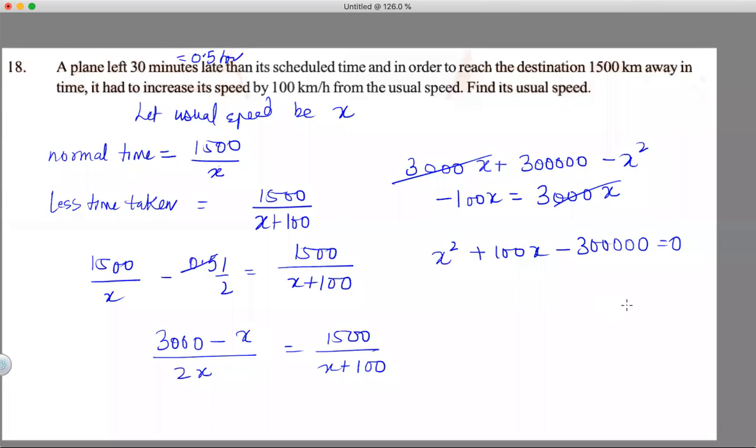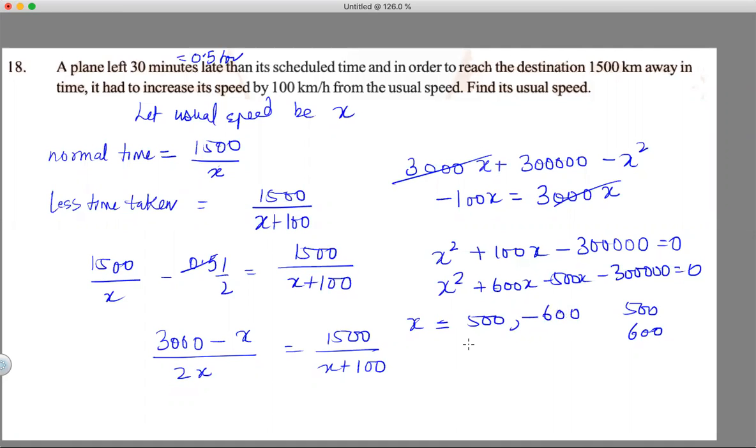So वो हो गए हमारे क्या 500 and 600, right? So we will get x square plus 600x minus 500x minus 3 lakh. So we will get x is equal to 500 and minus 600. Obviously the speed cannot be negative. Okay. The speed is equal to 500 kilometer per hour.